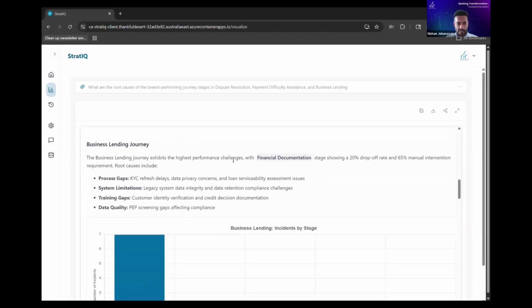So business lending was one of them. And it says here, the AI has been able to look at the data and say, you have a number of challenges. The financial documentation journey stage is showing a 20% drop-off rate. It correlates that with the incidents that have been raised against this journey stage, and can see that the incident causes include process gaps, system limitations, training gaps, and data quality.